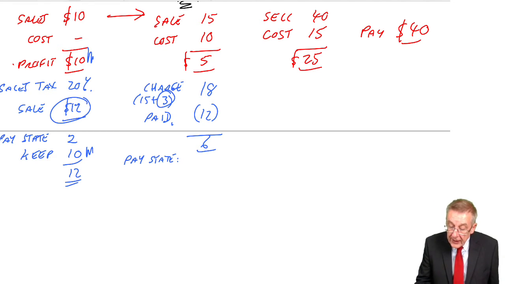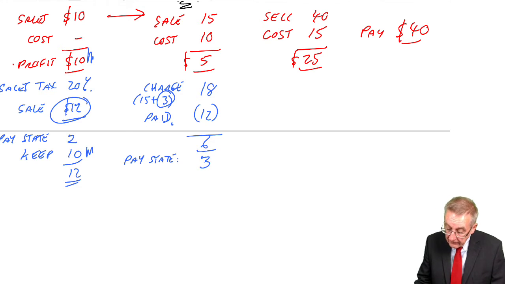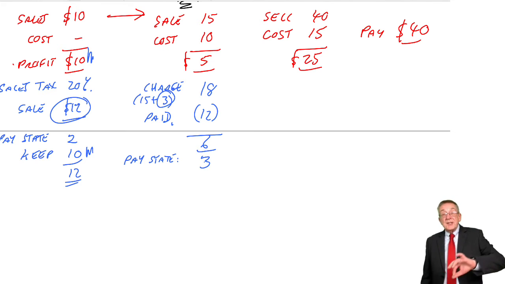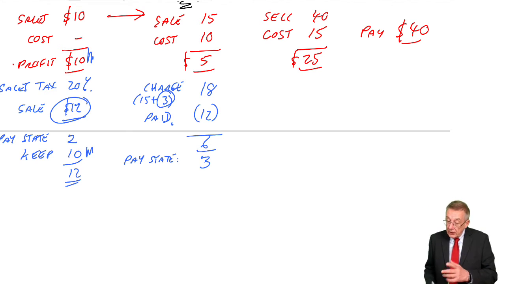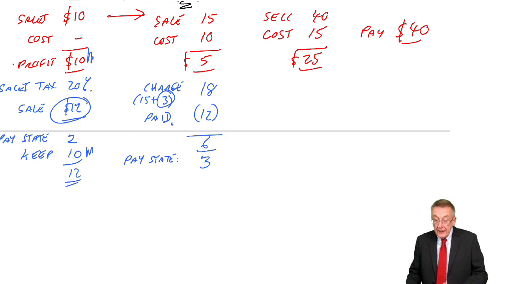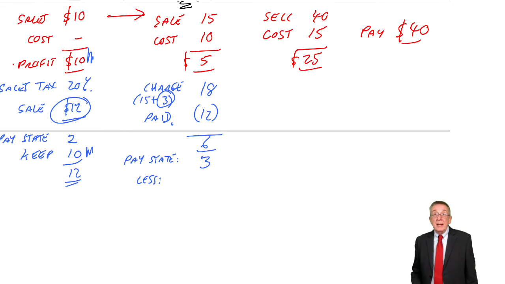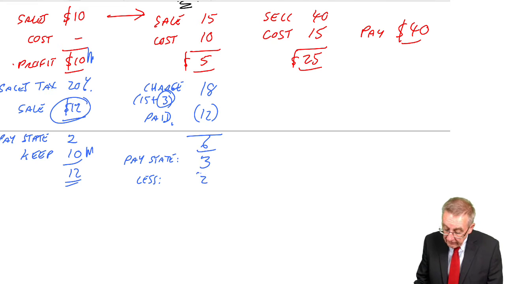So remember, they were charging an extra $3 to the shop, but they can subtract any tax they've suffered that they have to pay. So they charge the shop an extra $3, that's due to the state, but when they paid the farmer $12, $2 of that was tax.